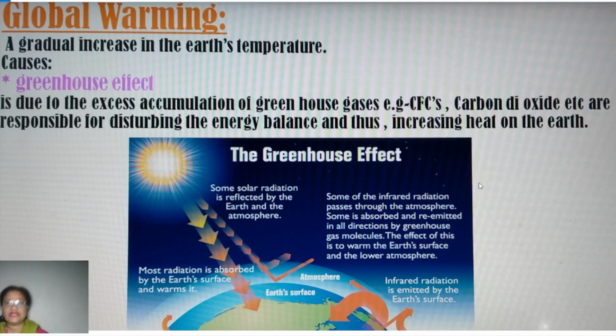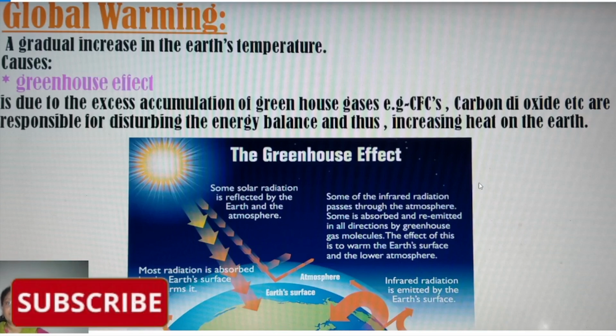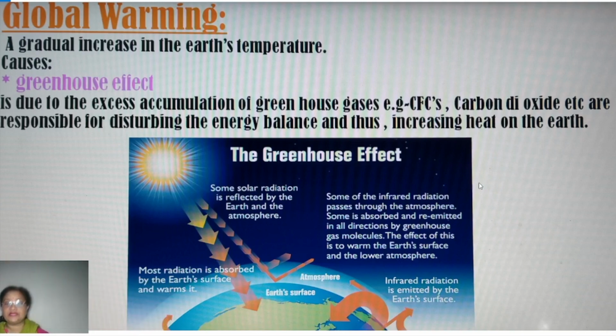Along with that, several other side effects would be there, right? So we are protected in this way by the ozonosphere from ultraviolet radiations by its function, that is, it filters the ultraviolet radiations from reaching the earth's surface. Okay, so this is one part.